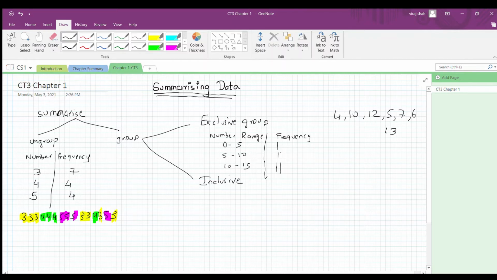Similarly, 6 comes between 5 to 10 and 13 comes between 10 to 15. So basically the frequency for the 0 to 5 range is 1. For 5 to 10 it is 3, and for 10 to 15 it is 3. So basically this is what exclusive means.